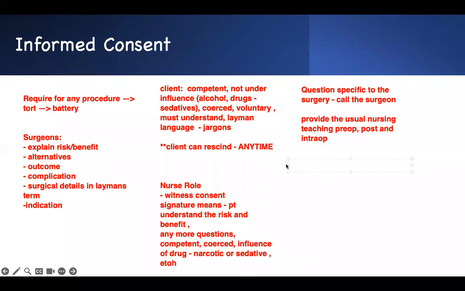So I would like to separate out the situations where the patient cannot sign consent. It's when they are, like I said, under influence. I want to say it multiple times so that it sticks. They are incompetent, or they are unconscious.